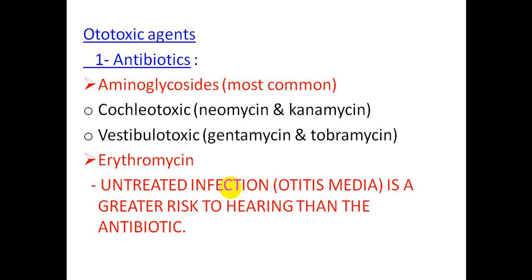And the vestibulotoxic aminoglycosides like gentamicin and tobramycin, which are toxic to the vestibule, so the patient will have vertigo and unsteadiness. Another antibiotic which can cause ototoxicity is erythromycin.